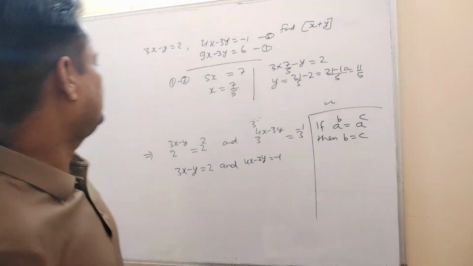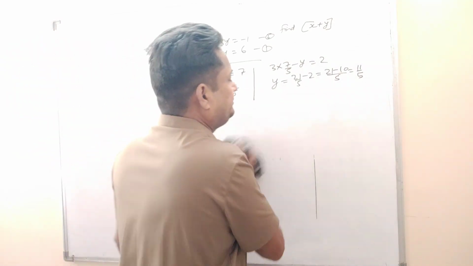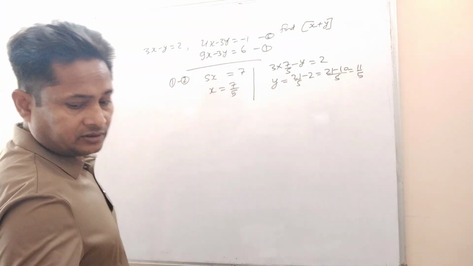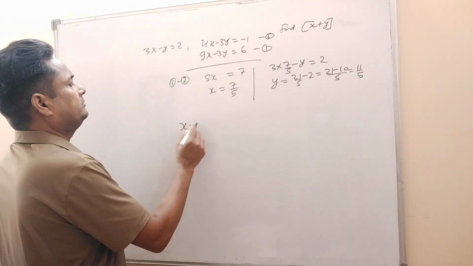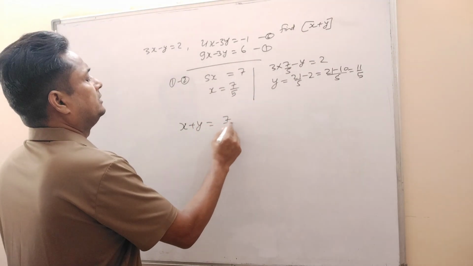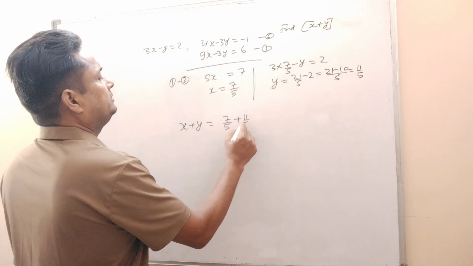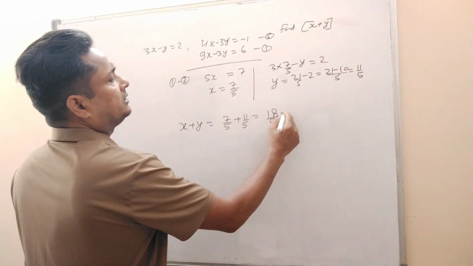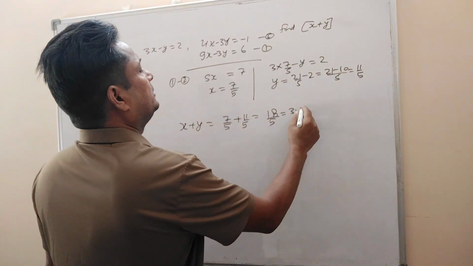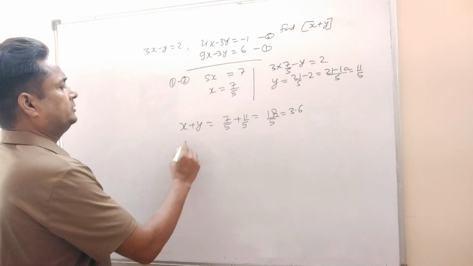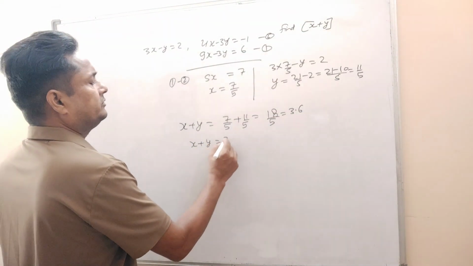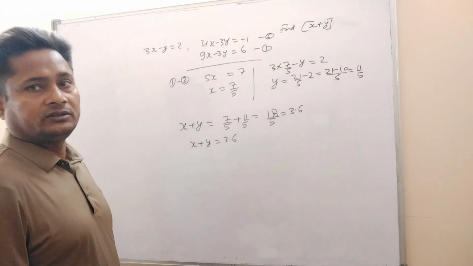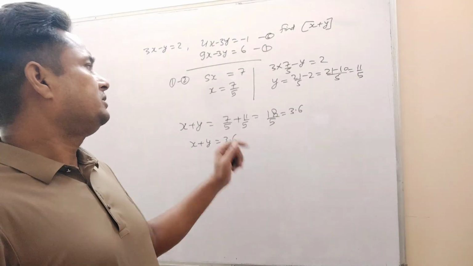So these are the values of x and y. Now find out the sum of the values. x plus y will be 7 by 5 plus 11 by 5, that means 18 by 5, and this will be 3.6. So x plus y is coming to 3.6.